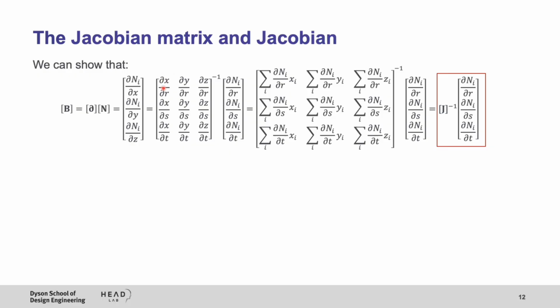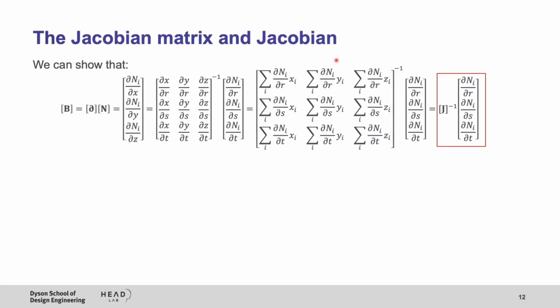And I know that position or coordinate of any point inside the element can be described by using shape functions like this. And now things are simple. Why? Because n is a function of r, s, and t, and these derivatives are with respect to r, s, and t. So essentially we can do these derivatives. And xi, yi, and zi, these are known coordinates of the nodes of our element.